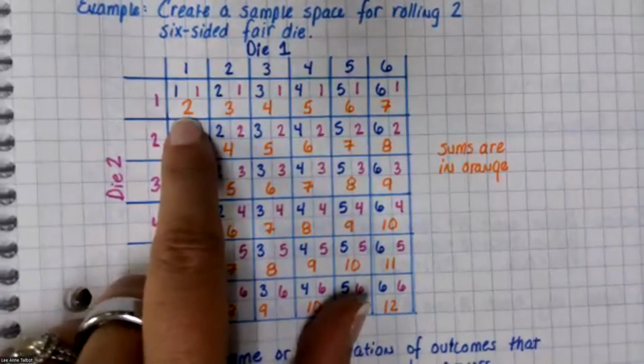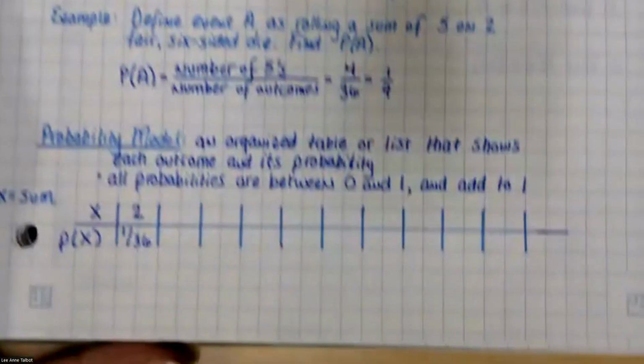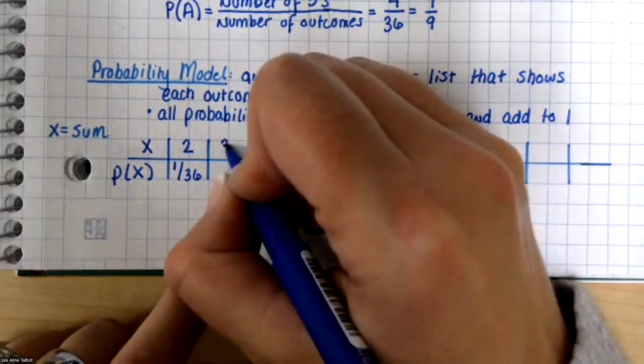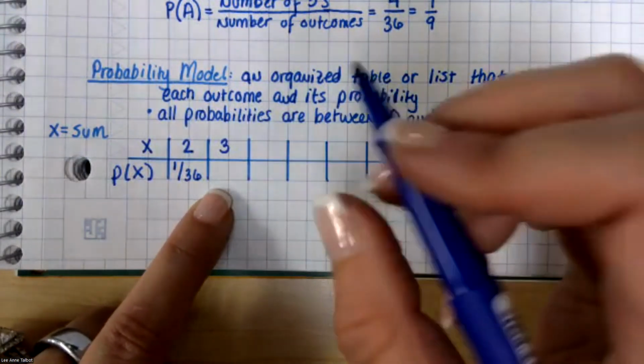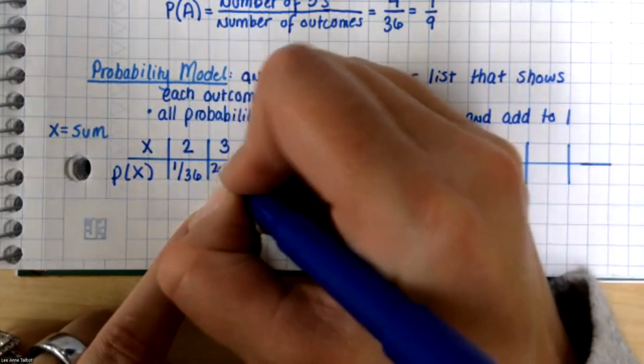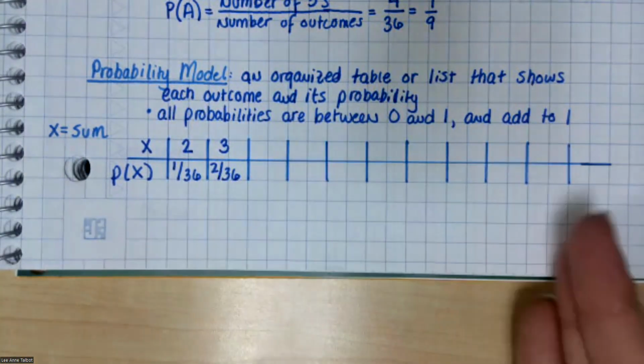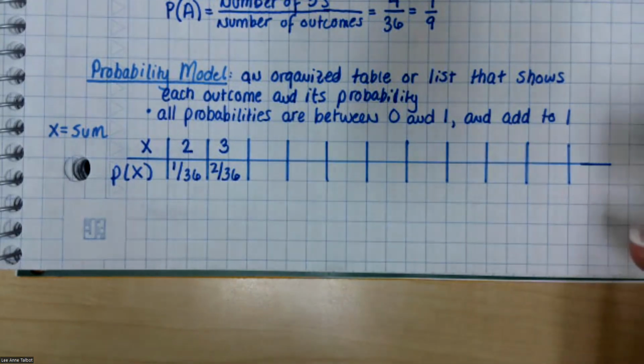That's the sum 2 I'm referring to up here. Can you guys see where this is going? The sum of 3, 2 out of 36. Don't even reduce these. You want to make sure that you have 36 36ths.